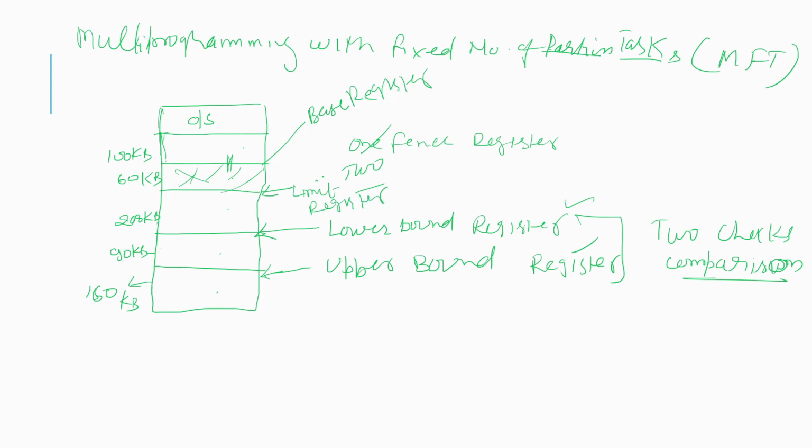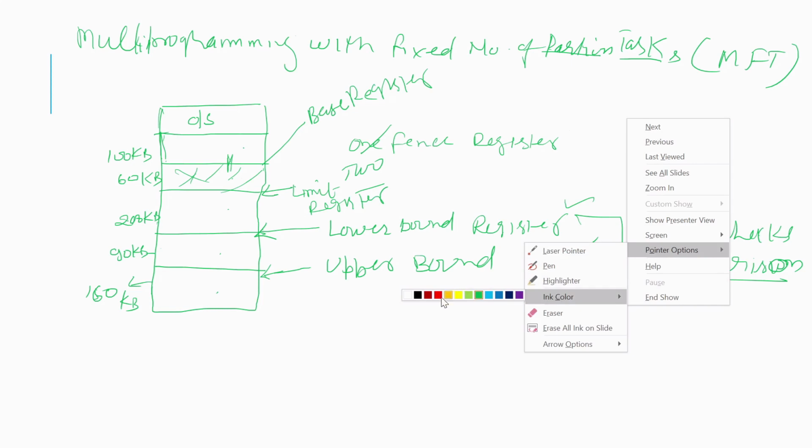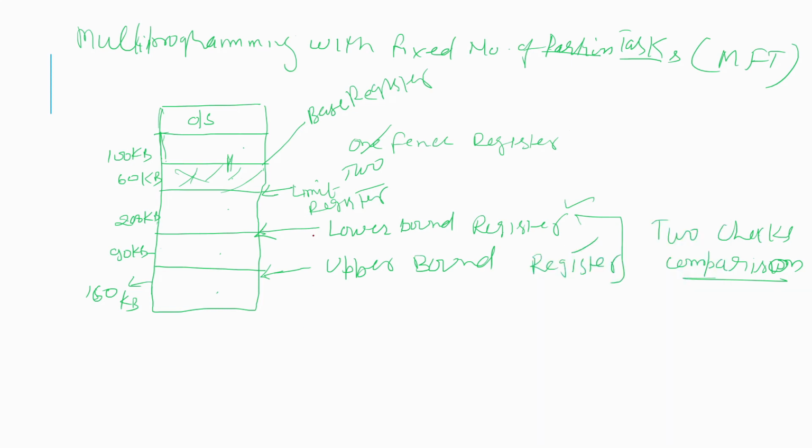I think it is clear now. So we have the base register and the limit register. This can be implemented when I allocate the program to this location, because these registers have pre-information about the partitions.